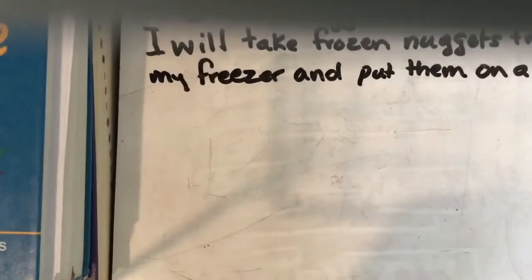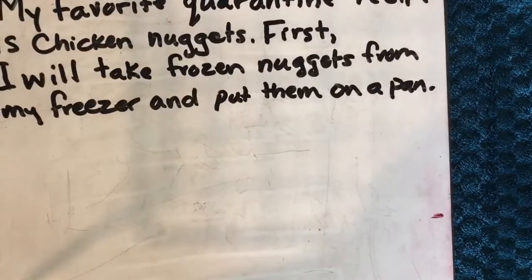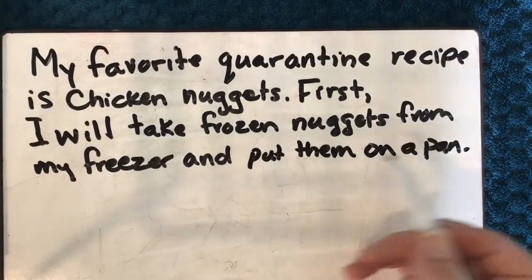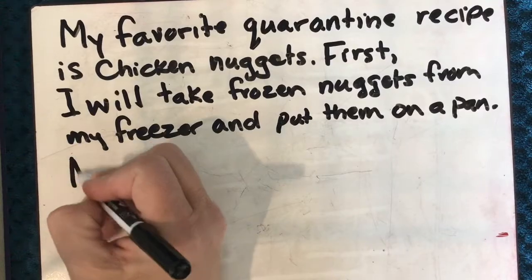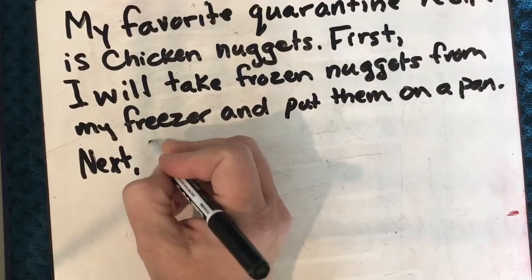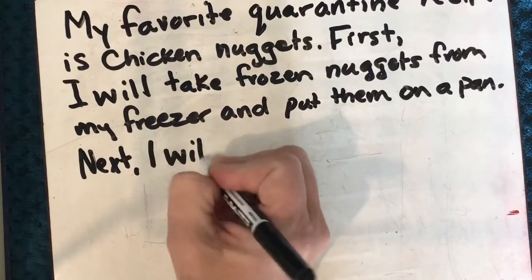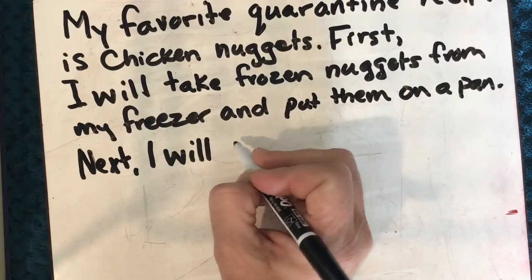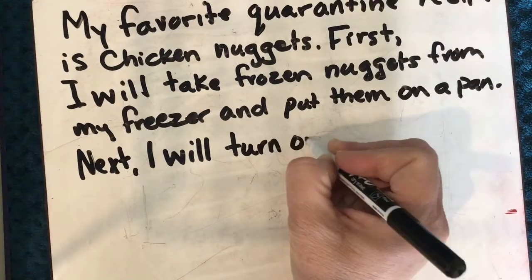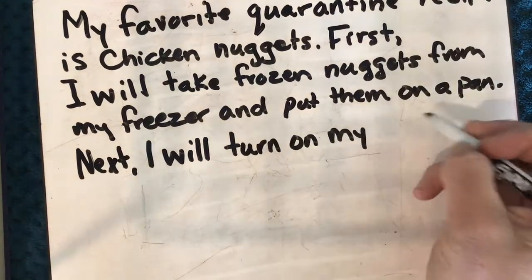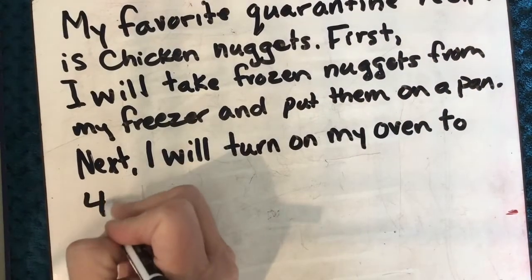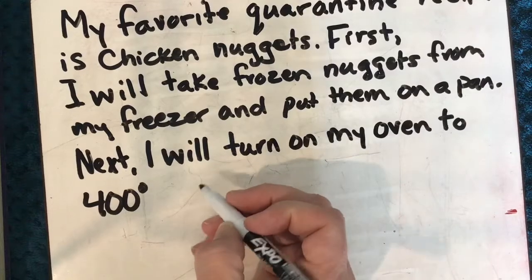So let's keep going here. I said first here. I'm going to say next, because it's not last and it's not first, it's the next thing. Next, I will turn on my oven to 400 degrees and bake them for 20 minutes. I'm going to say turn on my oven, because that's a little easier than preheat.